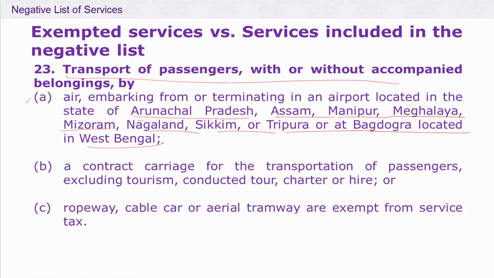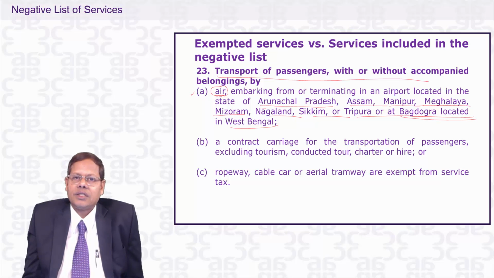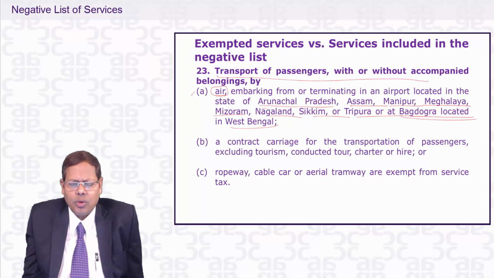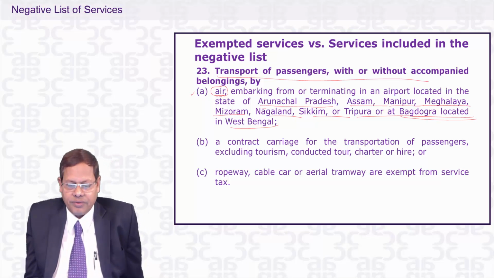Say these are northeast regions plus Sikkim, and Bagdogra of West Bengal. So air travel to or from these airports has been exempted because the northeast region is an underdeveloped area. Government has done it for air passengers because their traffic is limited and it wants to encourage that way.